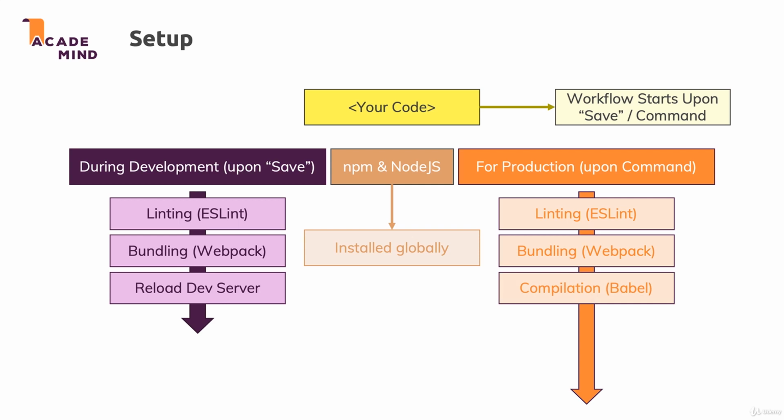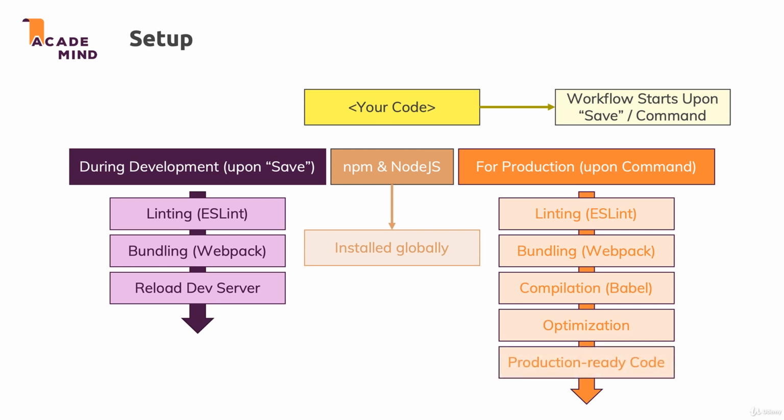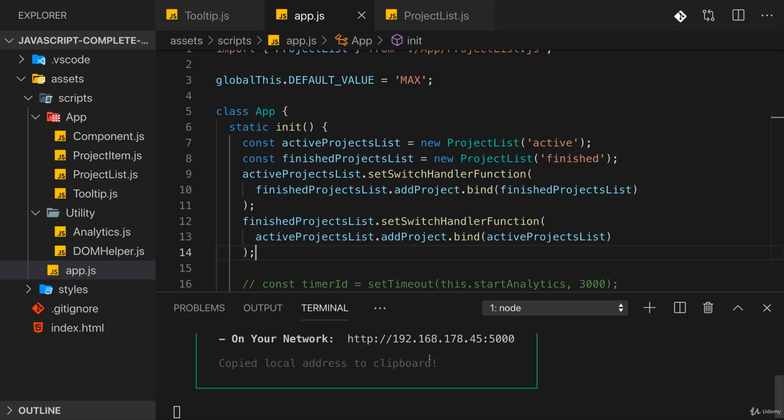But again, we'll cover this in a separate module. And once this is done, we want to optimize the code. Something we don't do during development because it can make debugging harder, but we definitely want to do it in production. Well, and then we have our production-ready code, which we get as an output and which we can now upload to the server where we need it. These are the two workflows, and we'll implement both in this module.